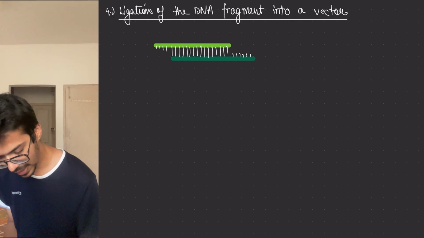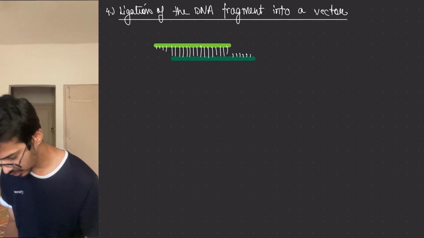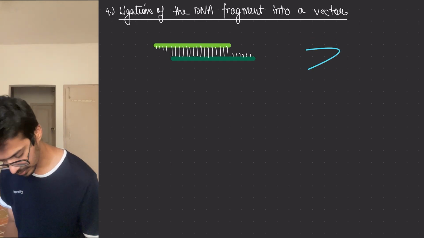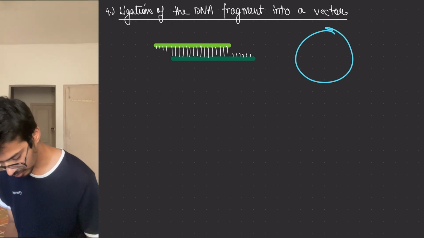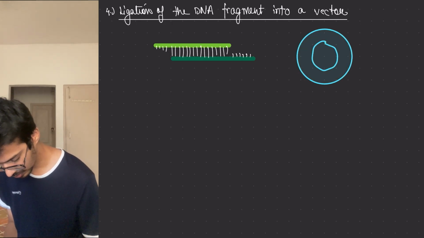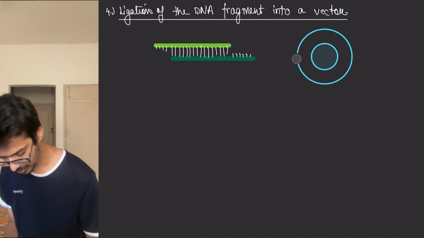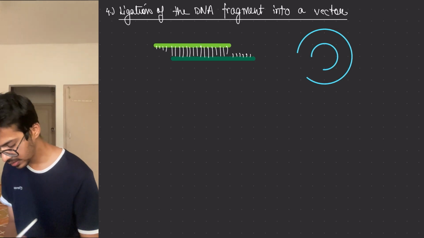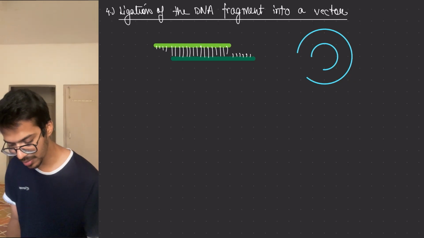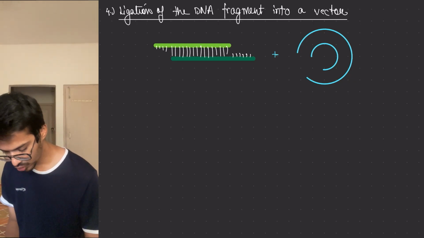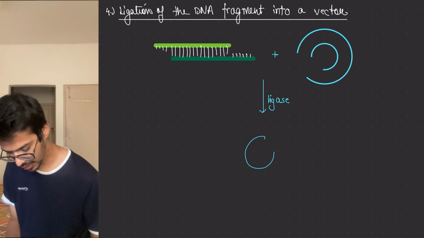Okay, whereas your vector, okay, these are the two things which I will be joining. What am I gonna be joining it with the help of? Ligase. So the ligase will do what? It will join this thing up.